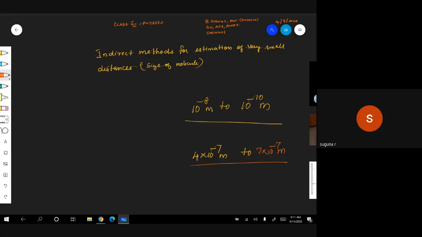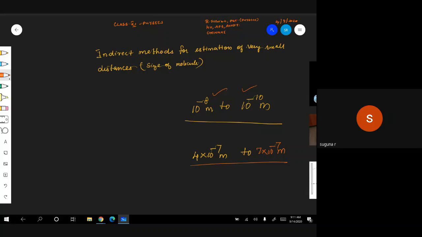The size of the object should be comparable to the wavelength of the light you are using. Here, the wavelength of the light is of the order of 10 power minus 7 meter, but the size of the molecule is less, 10 power minus 8 to 10 power minus 10 meter. Therefore, definitely you cannot use an optical microscope because the resolution is very poor. You cannot see the molecule or estimate its size using ordinary optical microscopes.